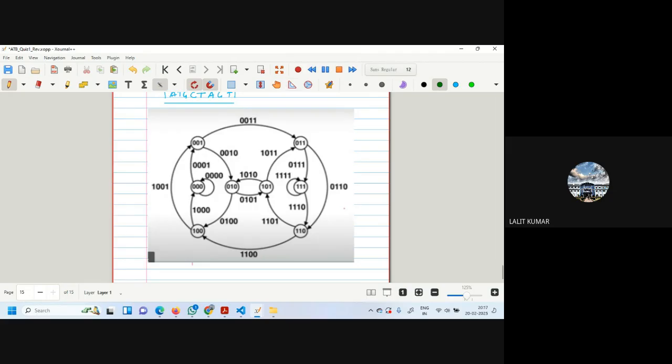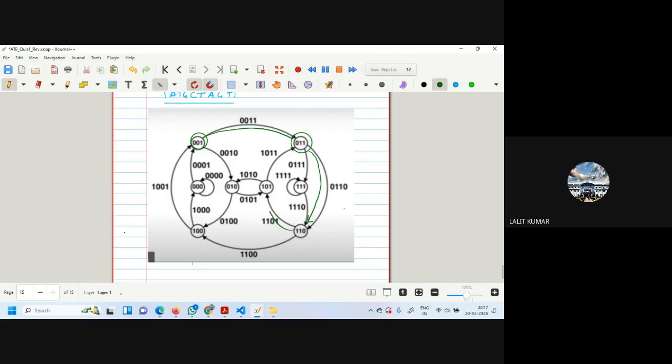Now, how to find that path? We take, for example, 0, 0, 1. We start from here and go to outgoing, so we come to 0, 1, 1. From 0, 1, 1 we come to 1, 1, 0.